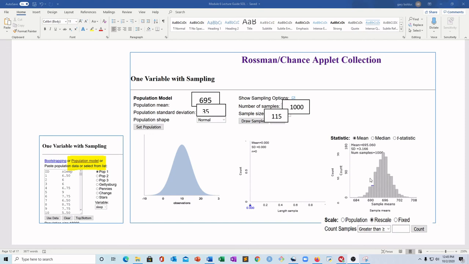Our simulation matches our theory. And so we don't have to take 1,000 samples from this population. We instead can use the theory to predict this shape, its center, its spread, and then use our predicted distribution to get our t-score, do a p-value, and get our conclusion.